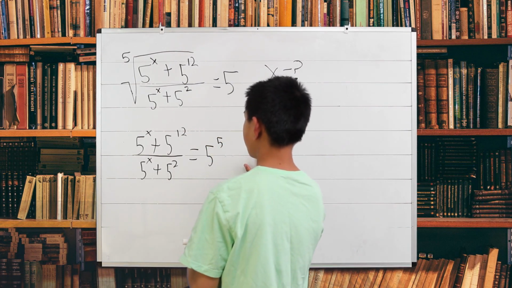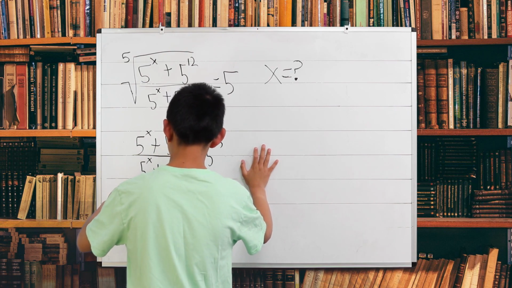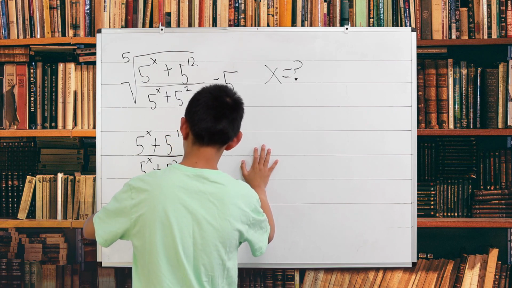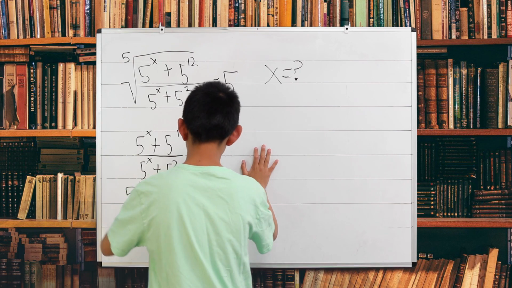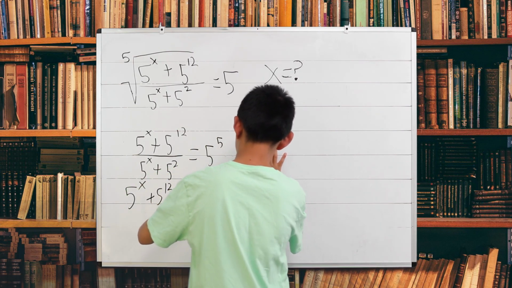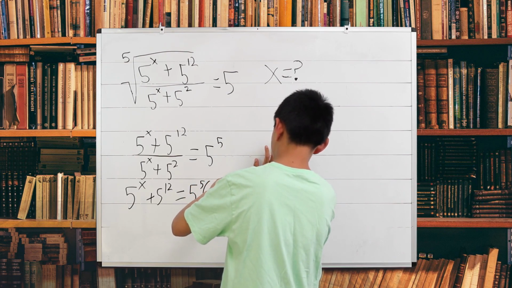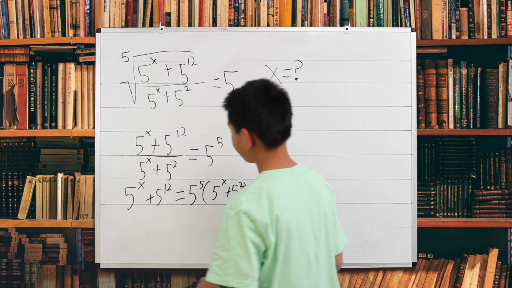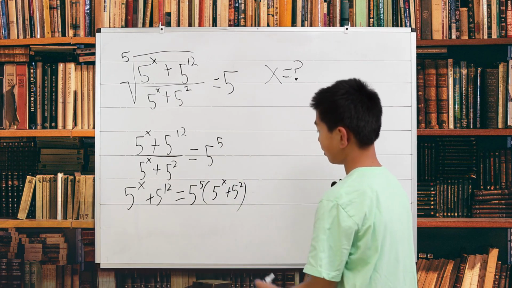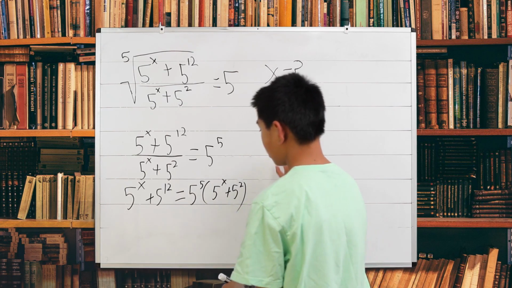So the left-hand side is going to be 5 to the power of x plus 5 to the power of 12 is equal to 5 to the power of 5 times (5 to the power of x plus 5 to the power of 2, or 5 squared). This we can further break down.